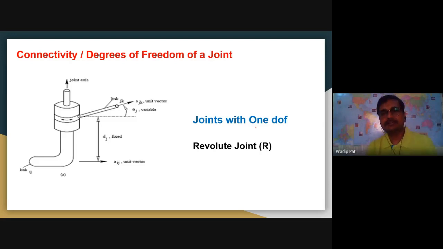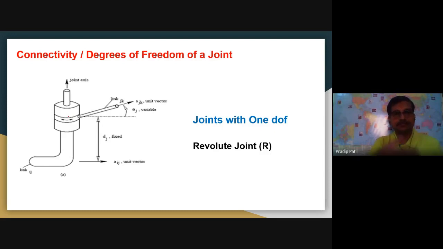How do we define the degree of freedom? It is the number of independent motions offered through the joints. Now, when we are looking at the joint, we also call it connectivity. For example, a link here which is sliding over the axis. This is the axis and this is a link.